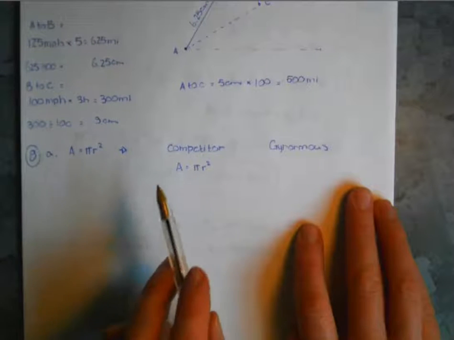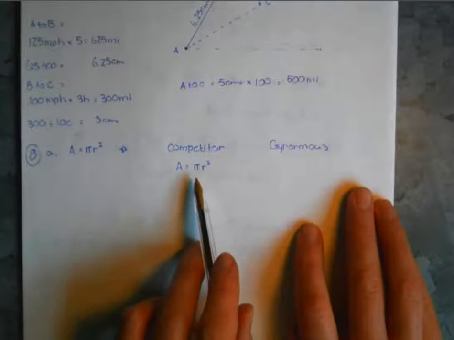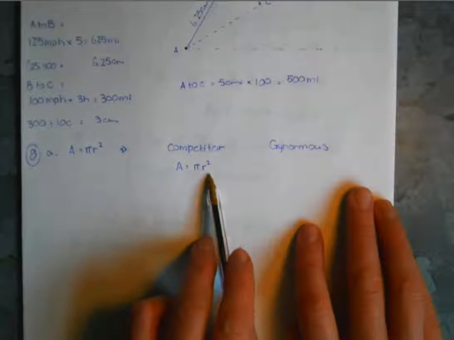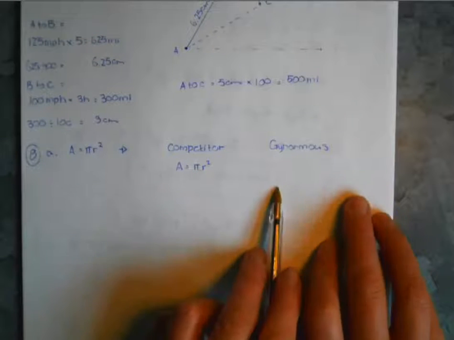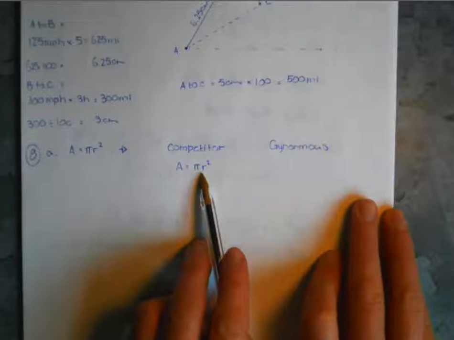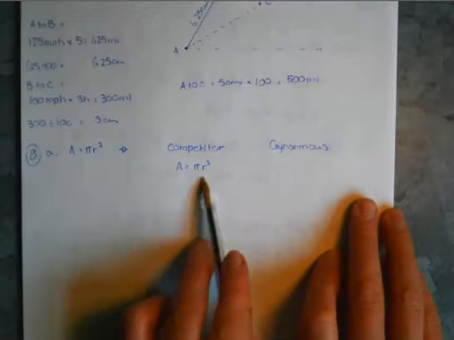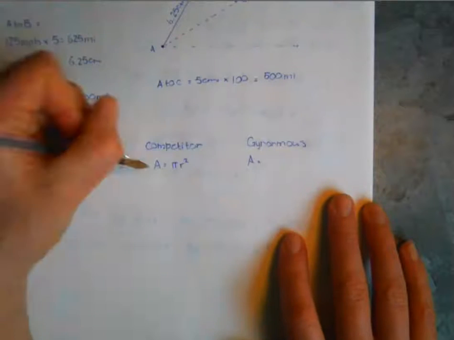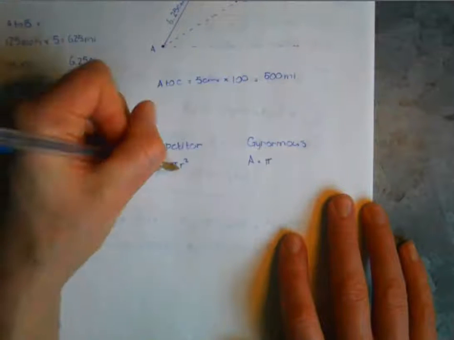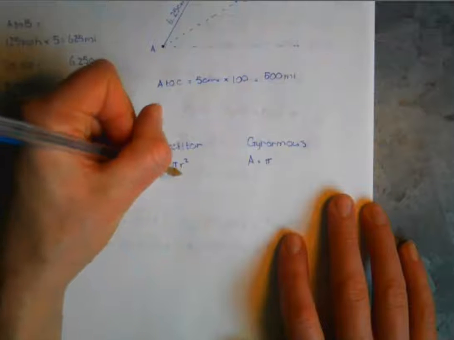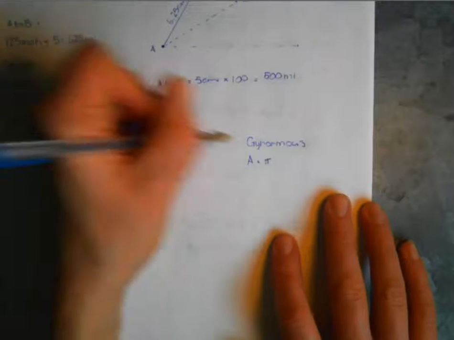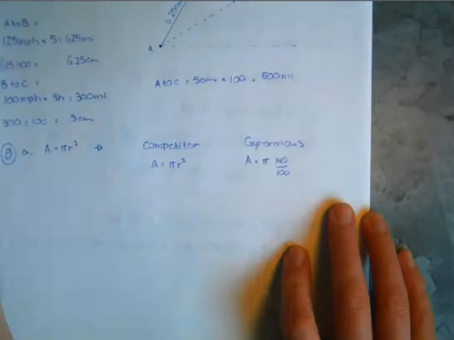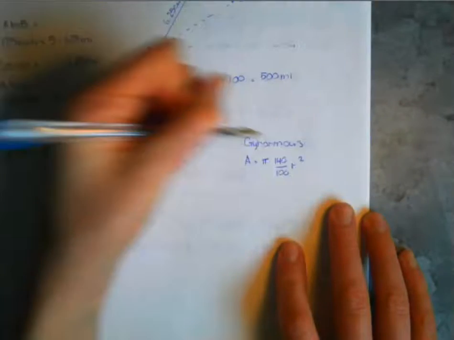The trick that you need to think about here is when something is 40% bigger, that means it's the full value of the original plus 40%. And so basically that means it's going to be 140% of the original. So essentially the area of the ginormous pizza is going to be equal to pi times 140% of the radius, so 140 out of 100 times the radius squared.